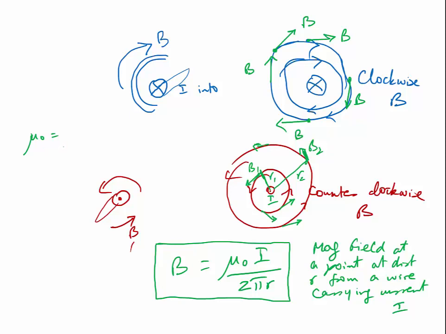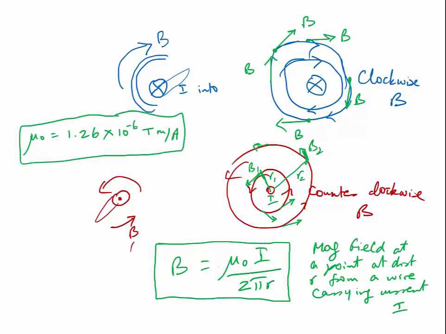It's called the permeability constant, and it's got a value of 1.26 times 10 to the negative 6 Tesla meter per amp. And you can see that if you multiply this mu naught times current in amps, the amps will cancel, and then you divide by 2 pi r, where r is in meters, so the meters will cancel, and you'll get the magnetic field in Tesla. We'll take an example of this in the next video to bring this all home for you.